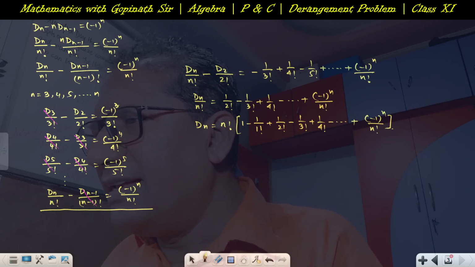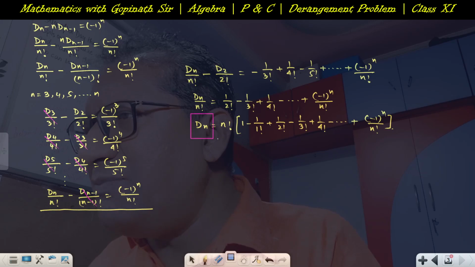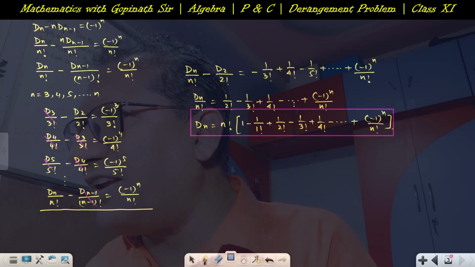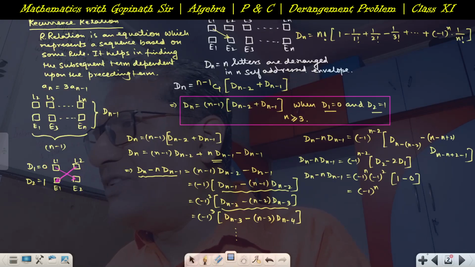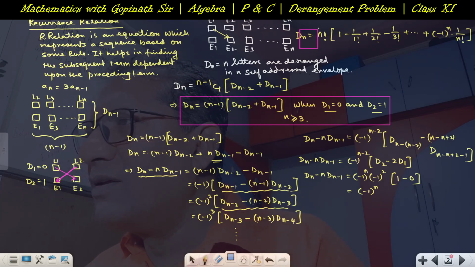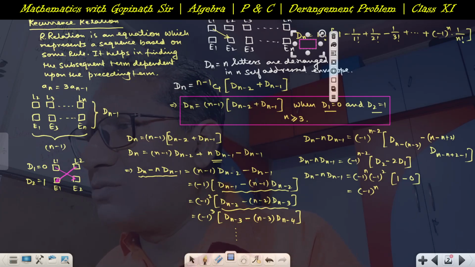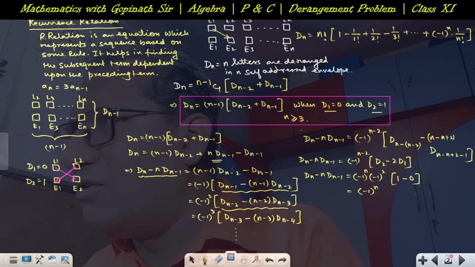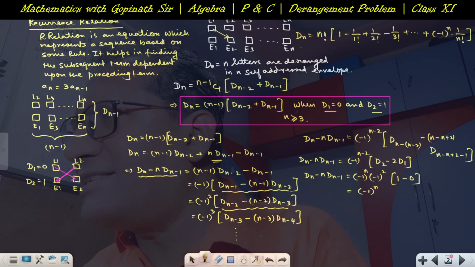You see, exactly the same thing that we got when we proved this by using the principle of inclusion and exclusion. We got the same result. Can you see that?